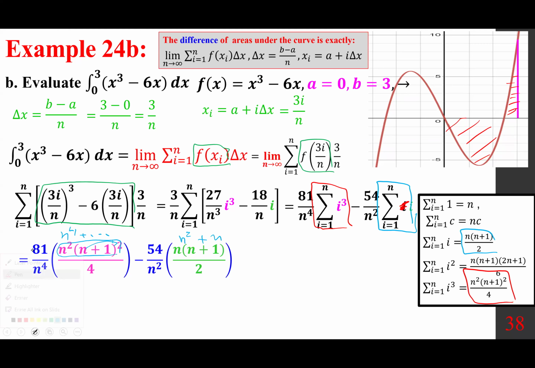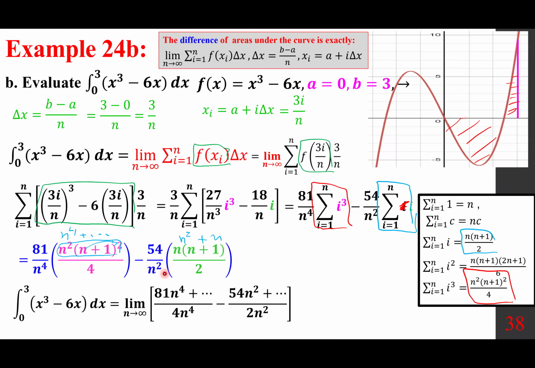For this one it is 81 n to the power of 4 over 4 n to the power of 4, minus, now this one is 54 n squared over 2 n squared. So please understand this. So that should be pretty straightforward, everybody.